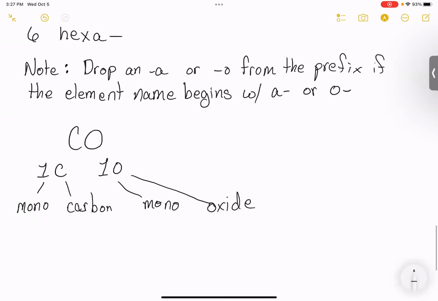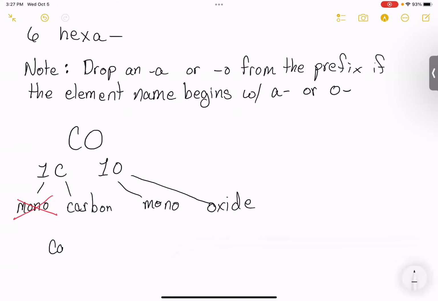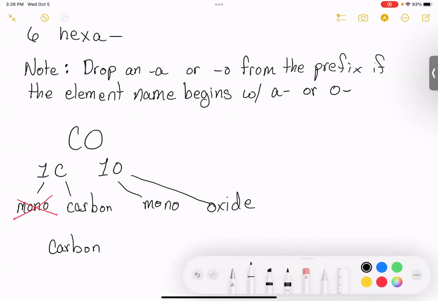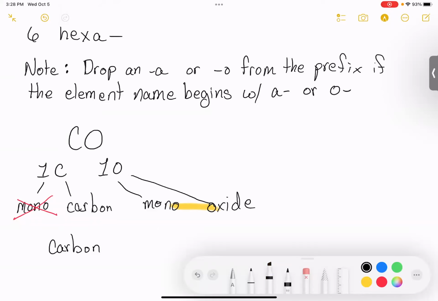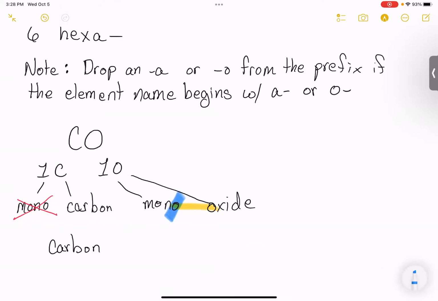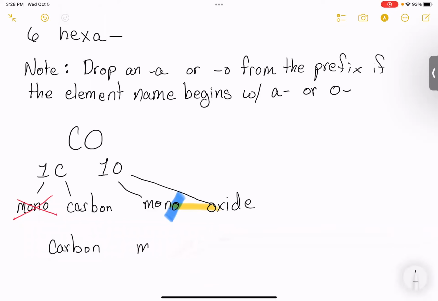Now, we do not use the prefix for the mono on the first element, so that simply is carbon. And you will notice that our prefix ends in O and our element begins in O, so we are going to drop the O on the prefix and combine them to make monoxide.